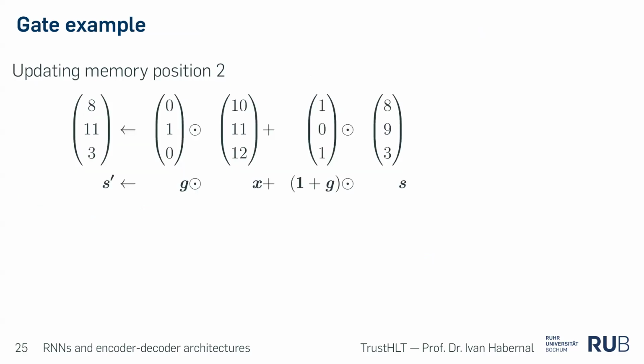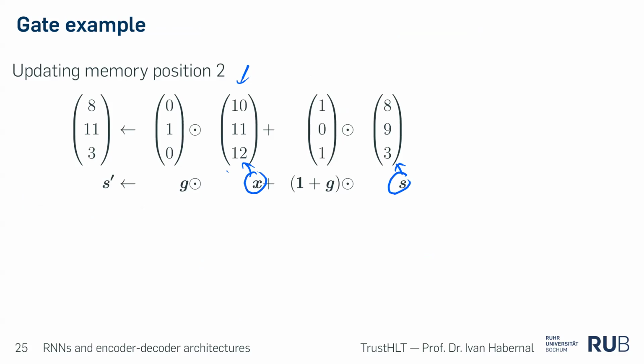So here's the example. This is x, our input, and this is the state. We take the input, and this is the gate, right? The gate is 0, 1, 0, 1, 0.